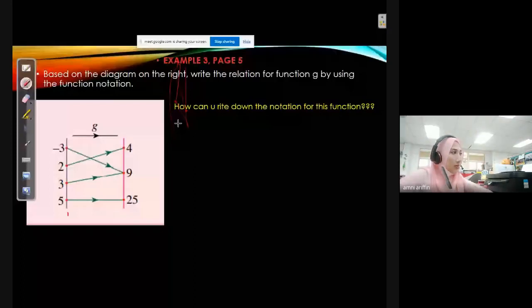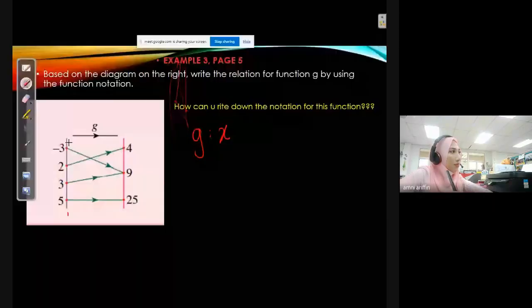So ini adalah g. Okay, so kamu punya tu adalah g(x). Okay, g(x) which is ni adalah x object image. So g(x) equal to, kalau kamu nampak dekat sini adalah x square.